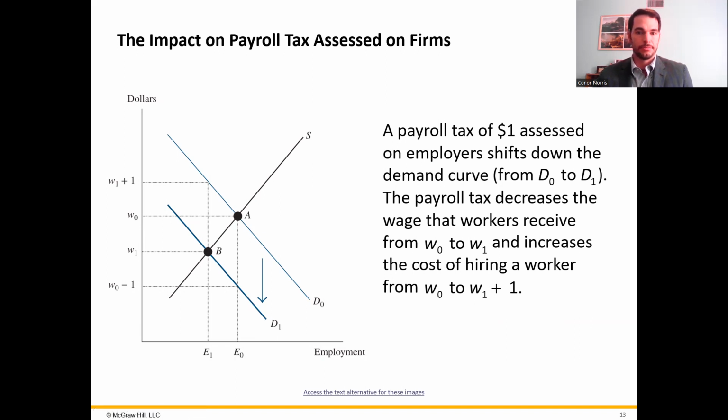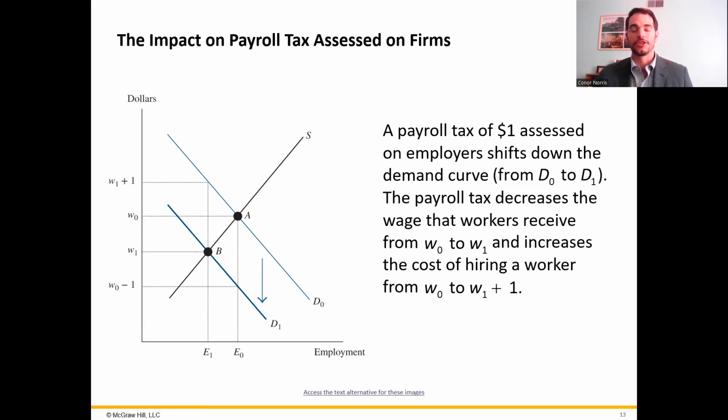But once the tax is imposed, the cost to the firm of wages plus the taxes is going to increase from $10 to $11. So it increases how much the firm faces from employing each worker. Since at this employment level, firms are only willing to pay $10 to that many workers, they'll reduce wages by $1. So their total labor costs would remain at W0.